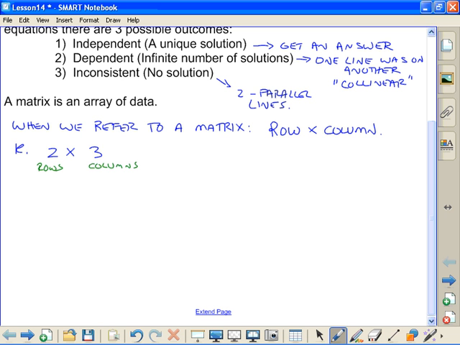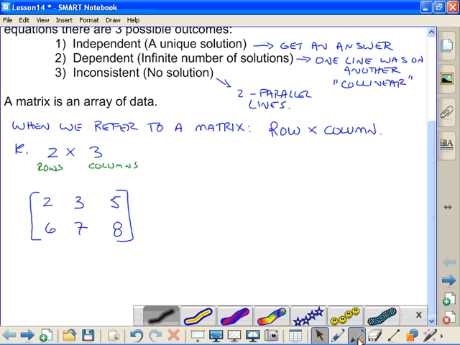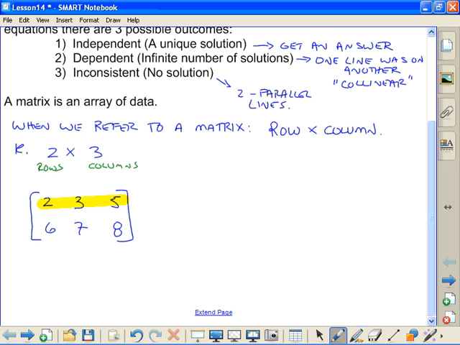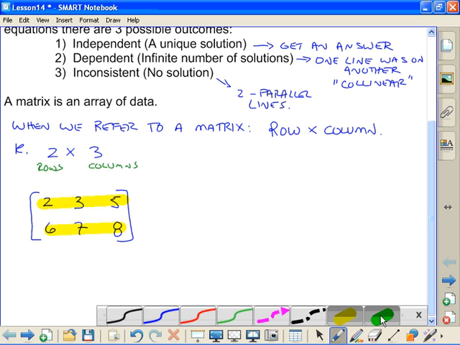So I'd have 2, 3, 5. I'm making the numbers up here, 6, 7, 8. And the matrix has square brackets. So there is your 2 by 3 matrix. Here are the 2 rows, and here are the 3 columns.